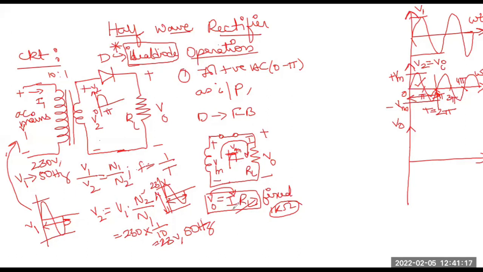Now the question is, on what parameter does this I depend? When is current passing in the circuit? Yes, when current started to flow in the secondary part. When current started to flow in the circuit.